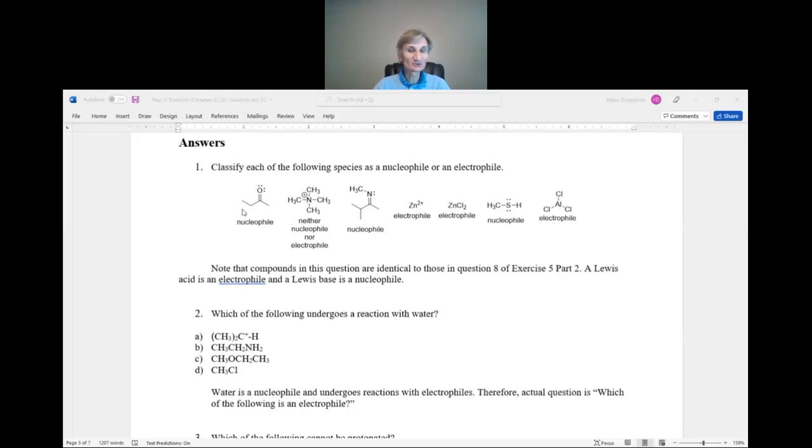So, first one, I showed electron pair. They may not be shown on the exam, so you need to know if electron pairs are present. But here they are represented, and you can see this is a nucleophile, so 2 free electron pairs. Also, if you have been reading a little bit in advance and have been reading chapter 9, you know that pi bond also acts as a nucleophile because pi electron pair can be donated.